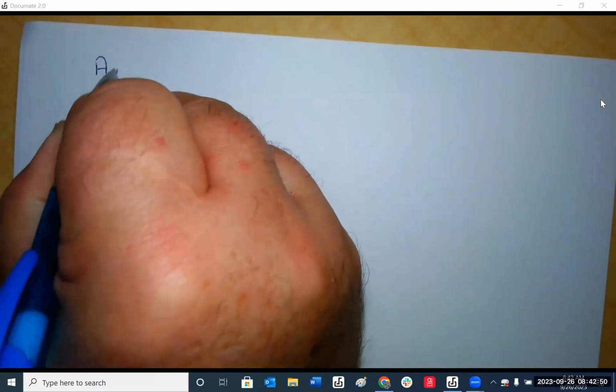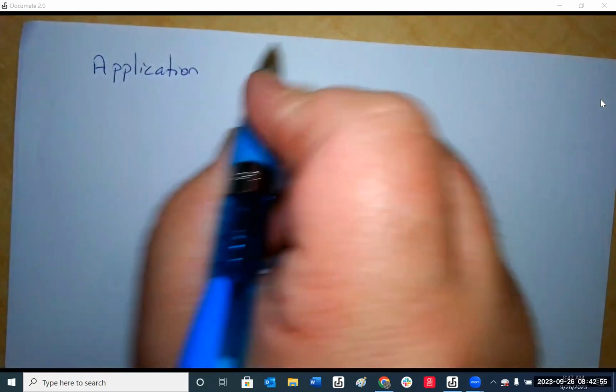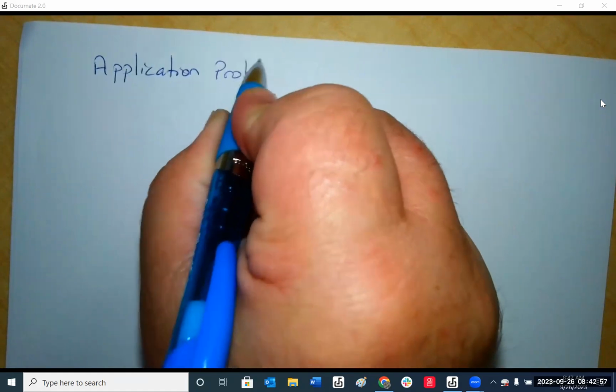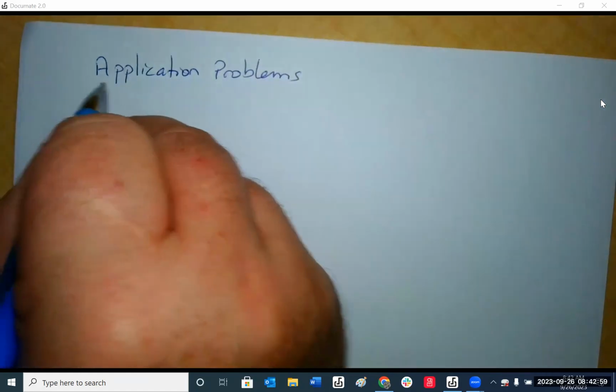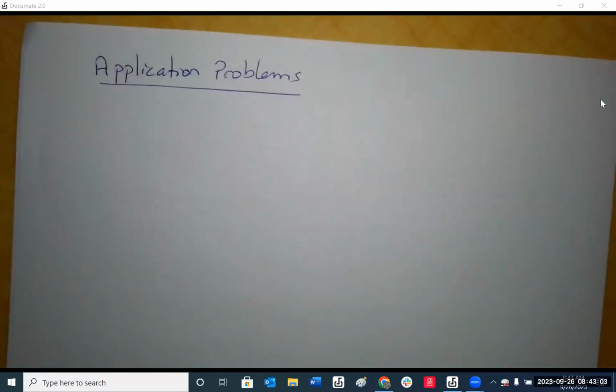Next, we're going to talk about word problems. Actually, they have a way to make it less scary: application problems. Application is just another way of saying a word problem.